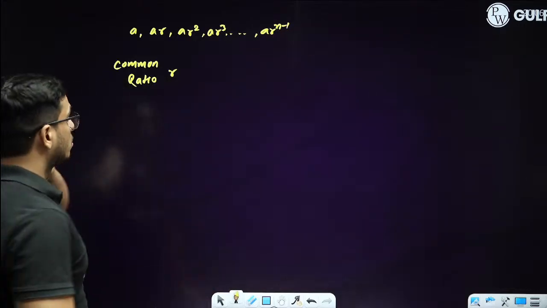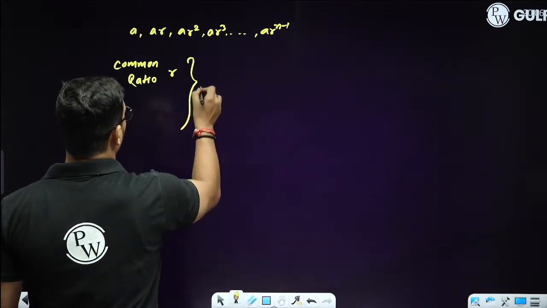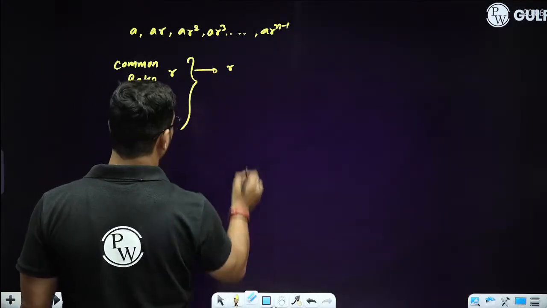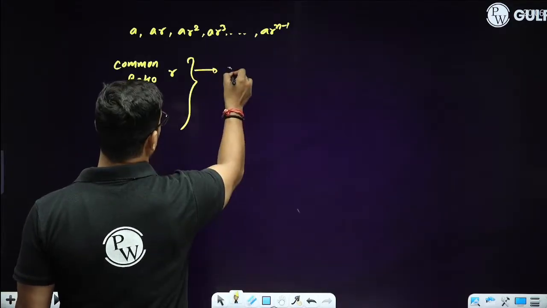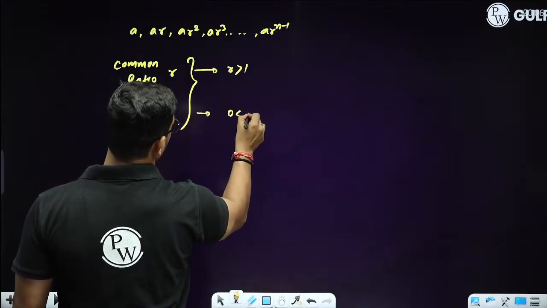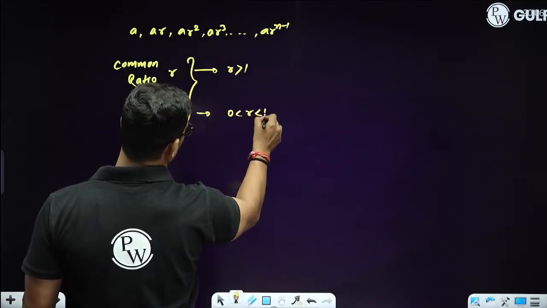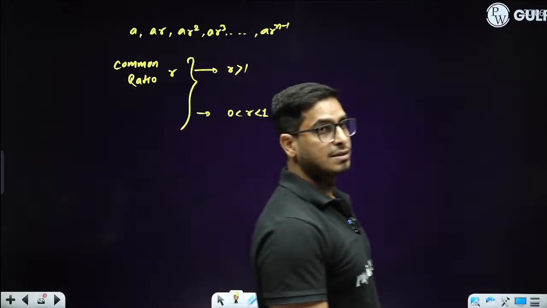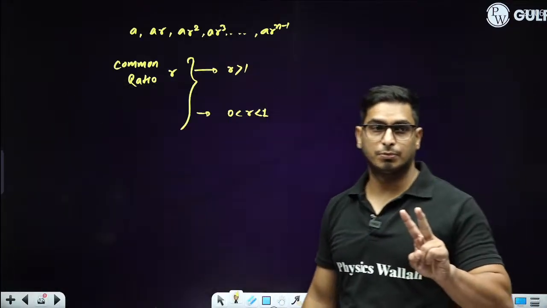Guys, this common ratio can be greater than 1, or the common ratio can be greater than 0 but less than 1. Two possibilities here.